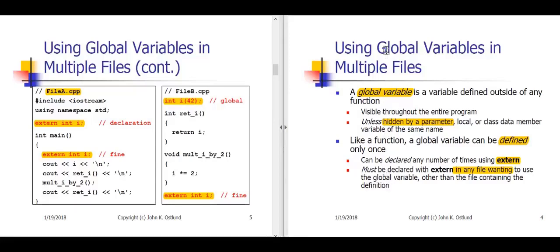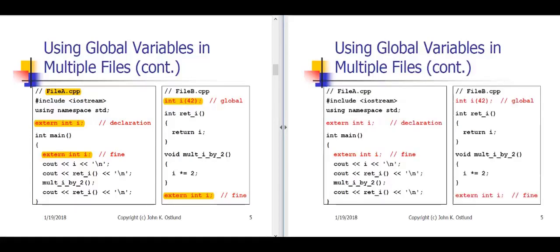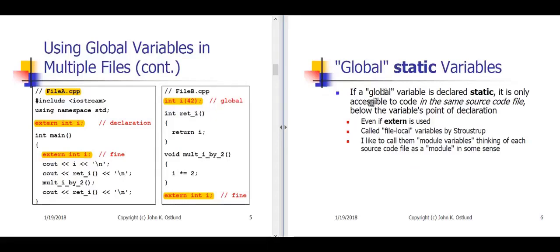Now, where static comes into this conversation about global variables is if you have a "global" variable declared static, that is, if you have a variable defined outside of any function, but you put the static keyword in front of that definition, then all of the code in that same source code file will have access to that variable, but other code in other files will not.